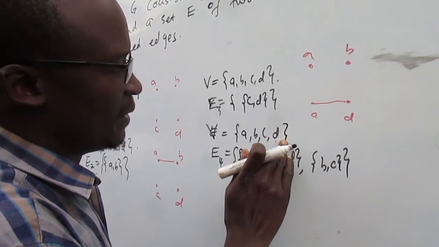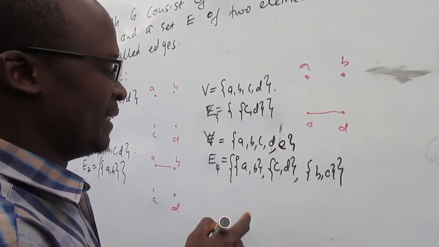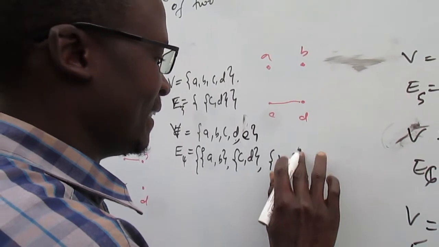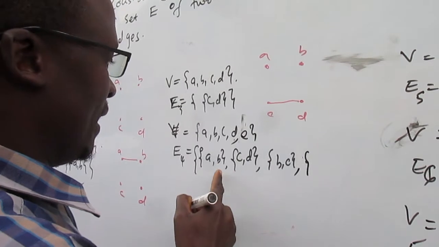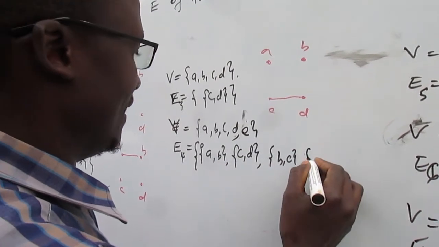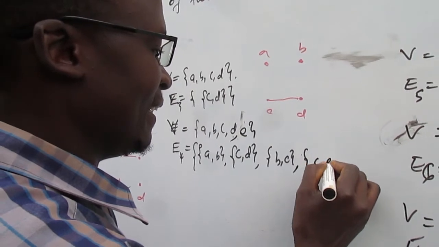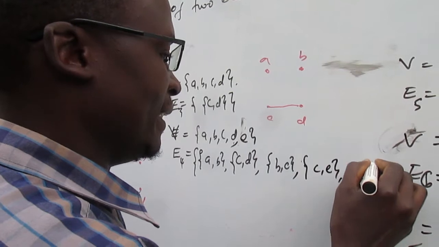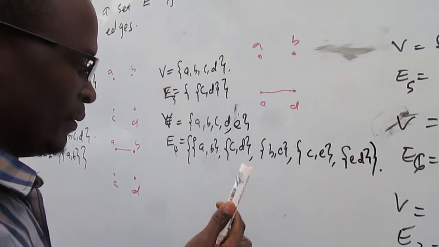Sorry, there's a slight correction on this. Let's have this as a five vertex set, so we can add one more vertex, say E, and add the edge E to D, so that the graph looks something like this.